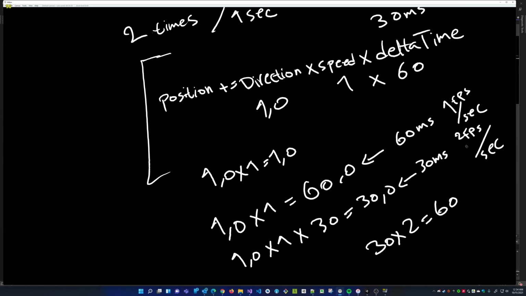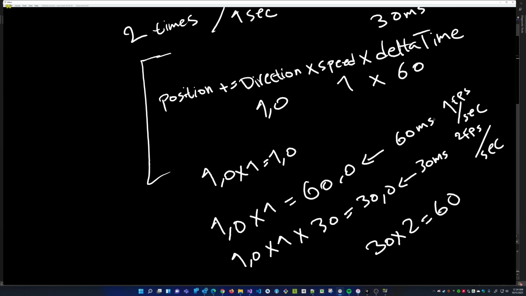So essentially what's happening here is that I am moving the same distance no matter what my frame rate is. If my frame rate is 1, then I'm moving 60 units. If my frame rate is 2, I'm still moving 60 units, because delta time goes up and down depending on my frame rate.